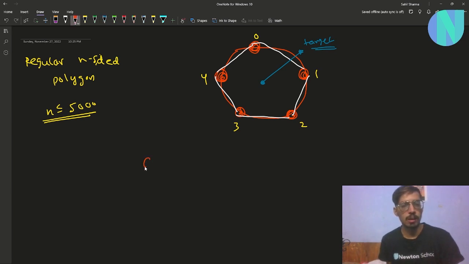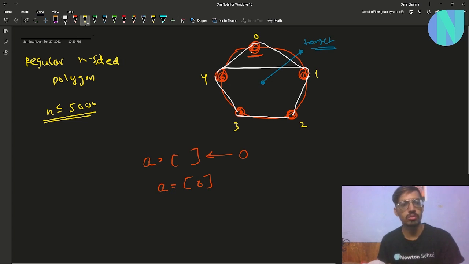So we initialize an empty array, let's call it A. Whenever you remove a peg, you will insert that peg into the array. For example, let's say you remove peg 0. So we will insert 0 into array A, so my array A becomes 0. And when I remove this peg, my rubber band will go from 4 to 1, something like this. Then let's say you remove peg 4. So I will insert 4 into my array A, and my array A becomes 0, 4.